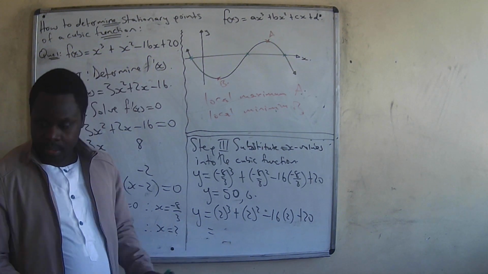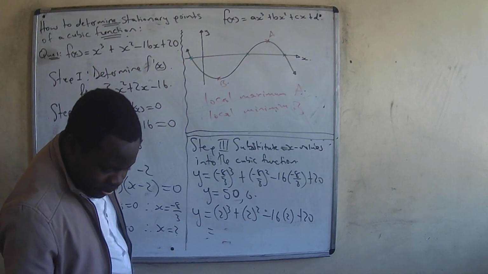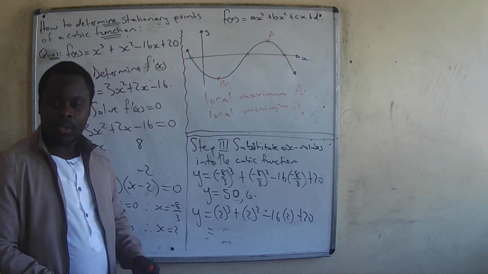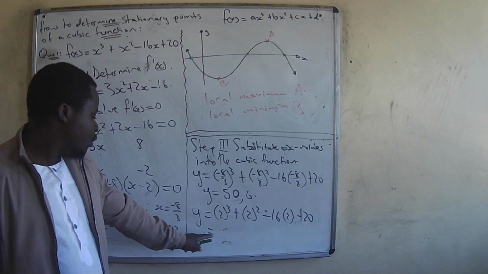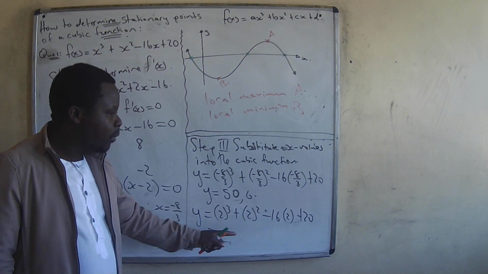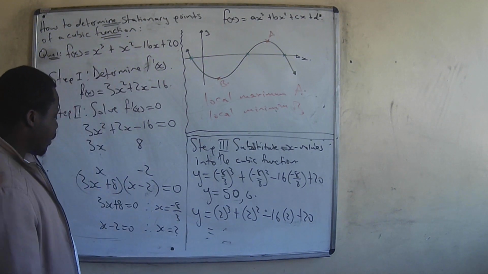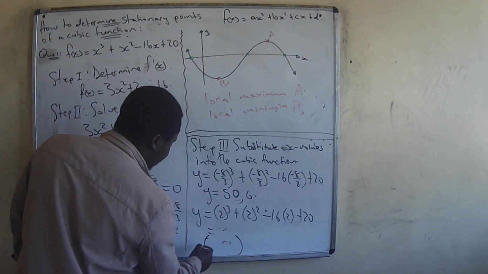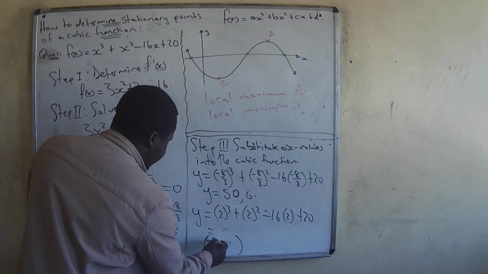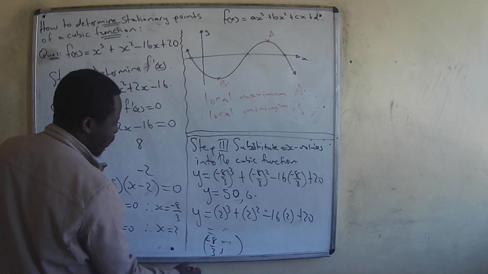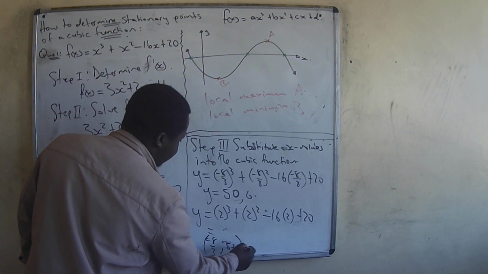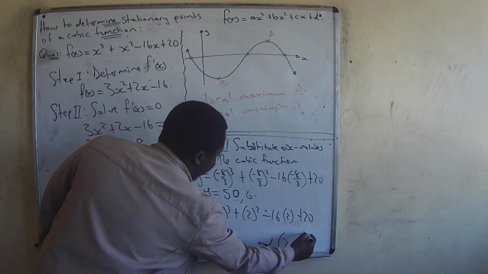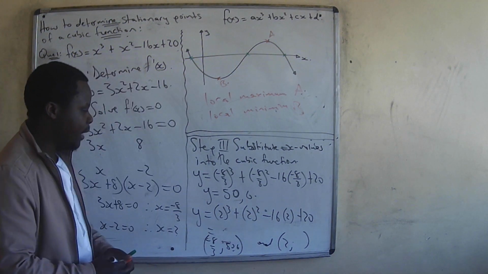Once you punch the calculator, you get a corresponding y value. When you get it, you are going to have two values, which is the last step. So when x is negative 8 over 3, y is 50.6, and also when x is equal to 2, we are going to have a corresponding y value.